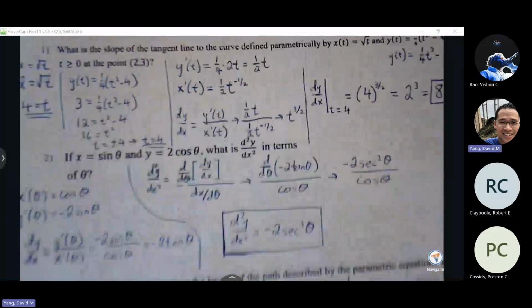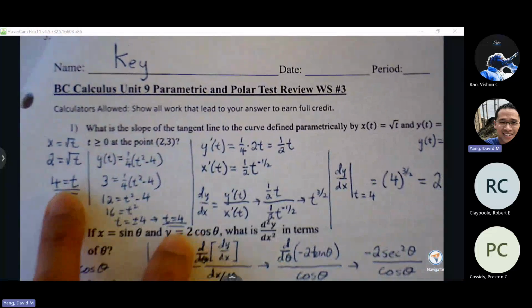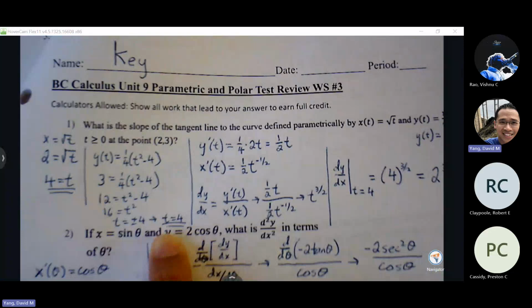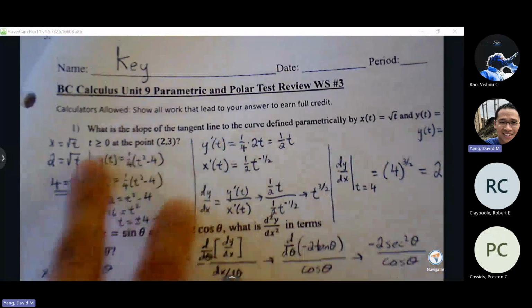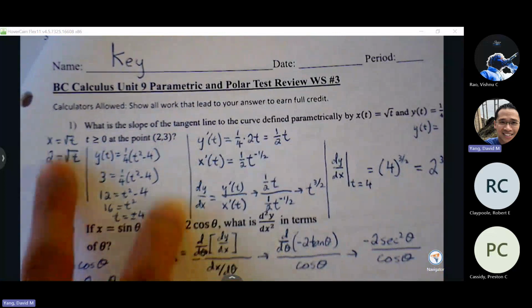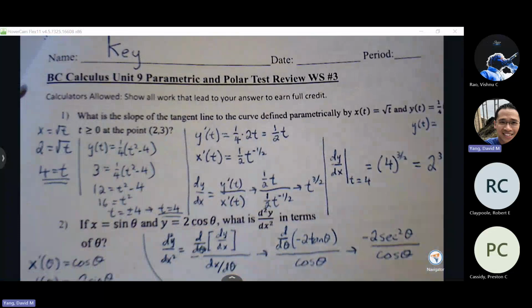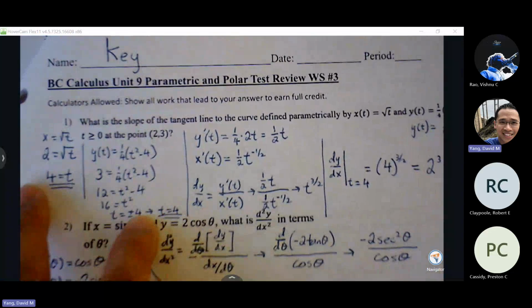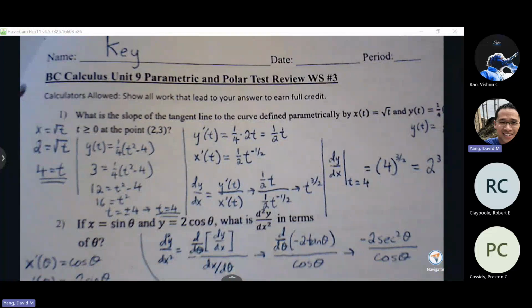For number 1, do you have to make sure they have the same t? They do, yeah. We have to make sure they're at the same t value. If they weren't, would you just stop? Right, you would stop. But the way that the problem is built, you're going to get a t value. There could be more than one for each of them, but you just have to make sure that you find the time that lines up for both the x and y.